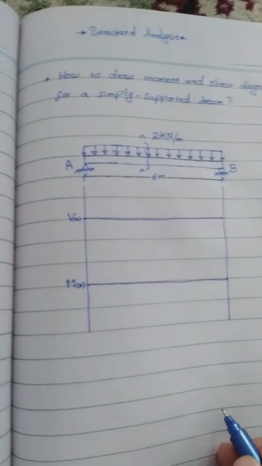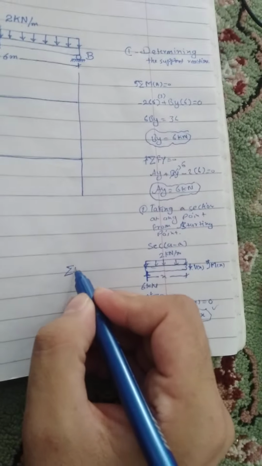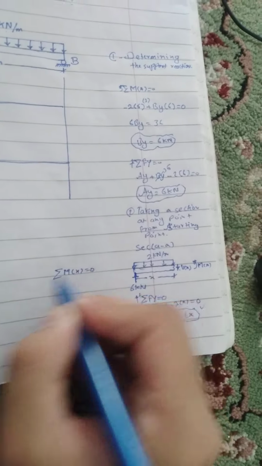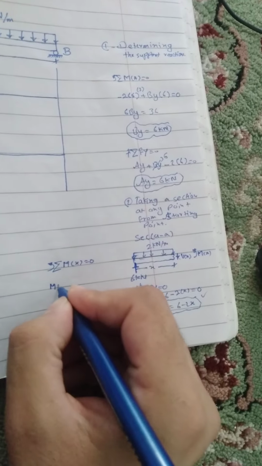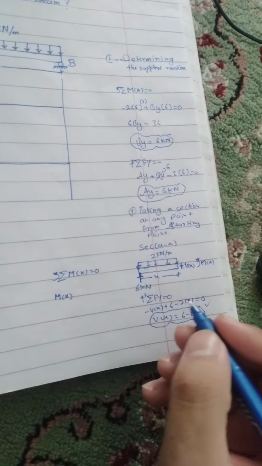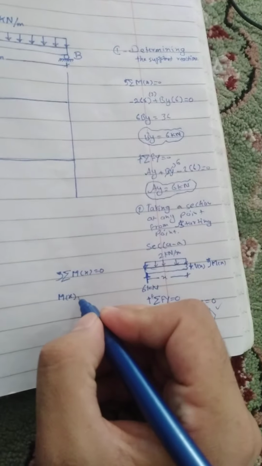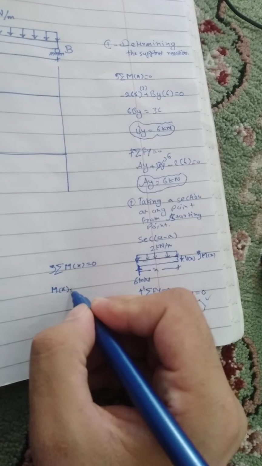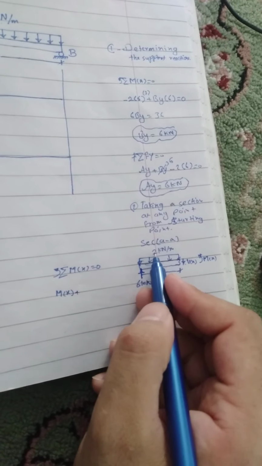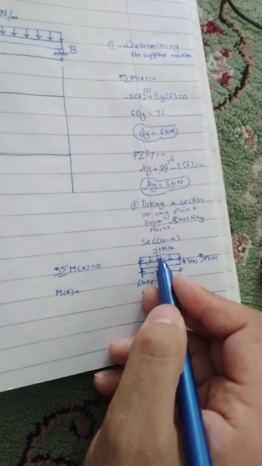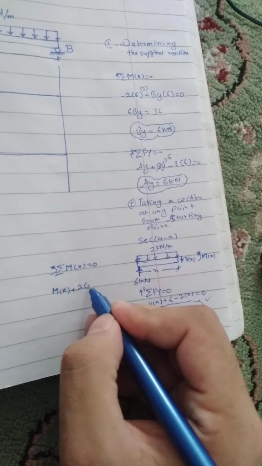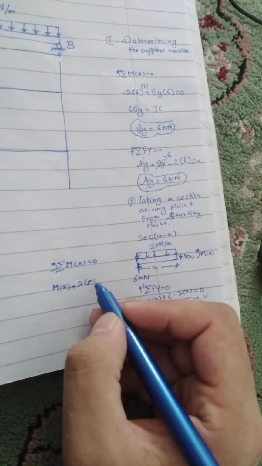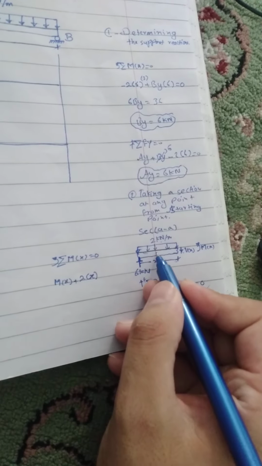And for moment, we have summation of moment at point X must also be equal to 0. So we have Mx itself, since it's an internal reaction, plus this load. The quantity of the load is 2 multiplied by x. We take the total load multiplied by this distance.